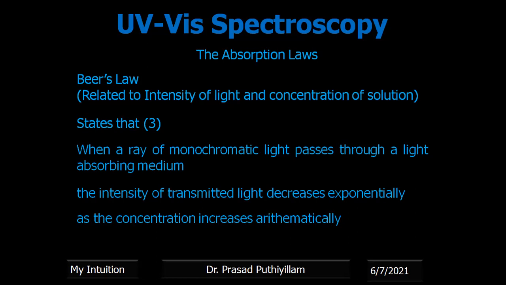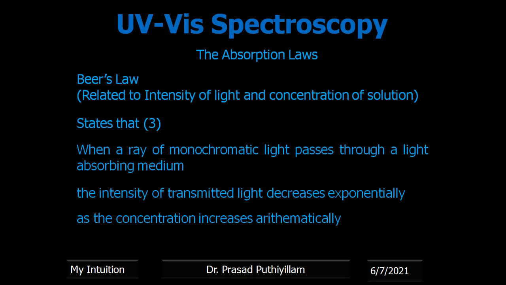Initially, when I was a student, I found it difficult to understand the concept, but exponentially and arithmetically I used to recall easily. It was easy to learn Beer's law by heart.